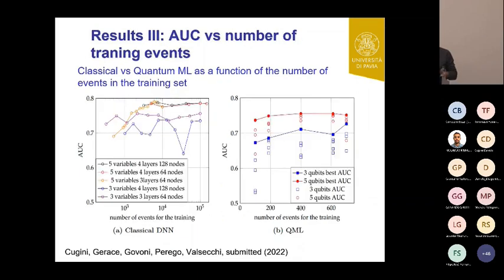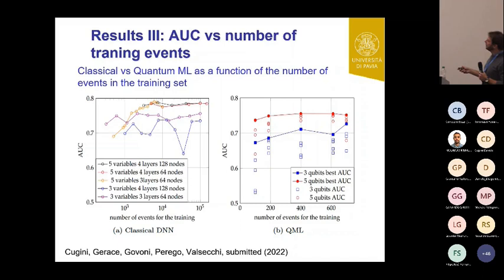And keep in mind another test that we performed is to compare the two by using the same number of qubits or the same number of variables in each case, and performing a scan on the number of events used in the training set.